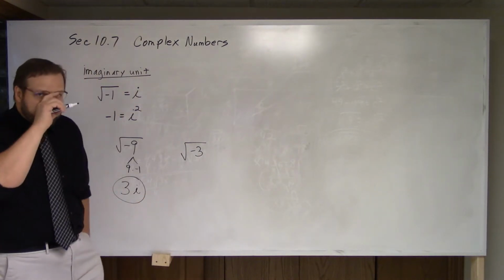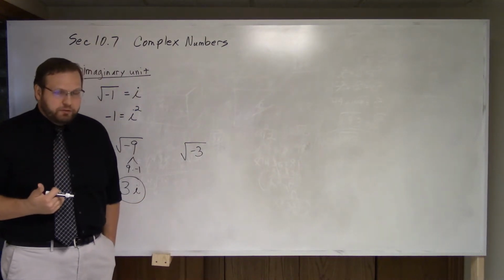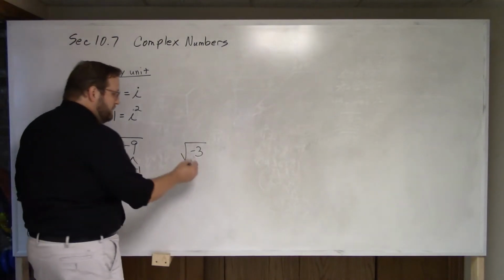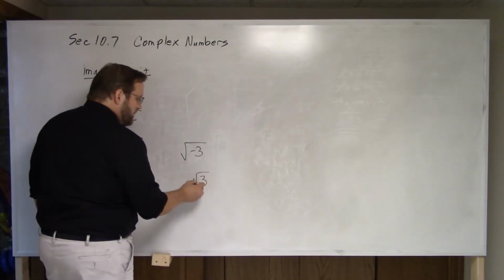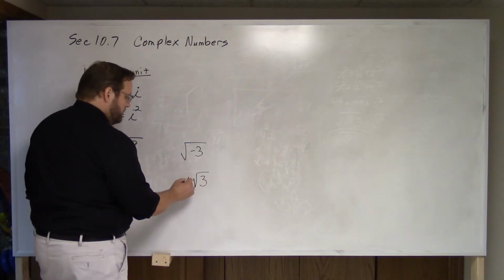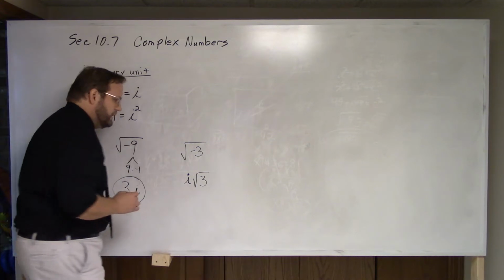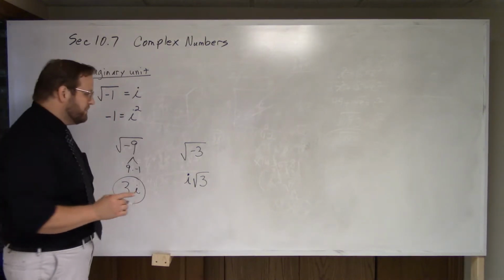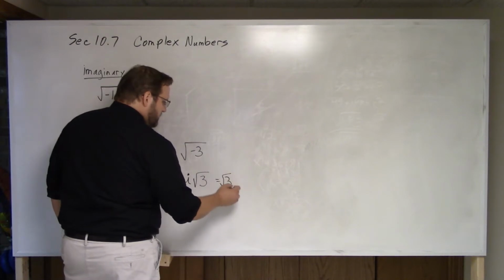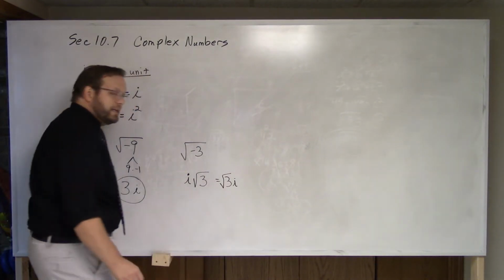Now this is a little different because that 3 can't be taken out, but the negative still can. So what we're going to do is keep that square root of 3, but then that negative on the 3 is going to come out as an i. Now sometimes when we write this, you'll see people write it like that.